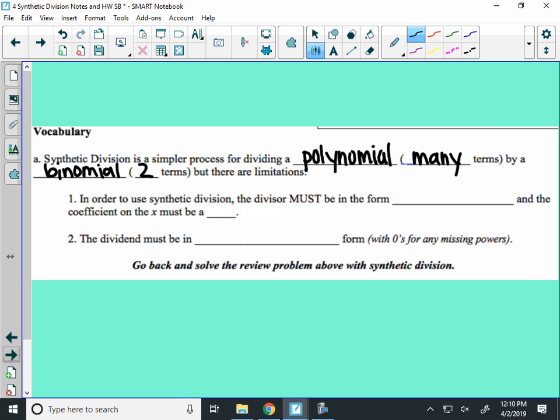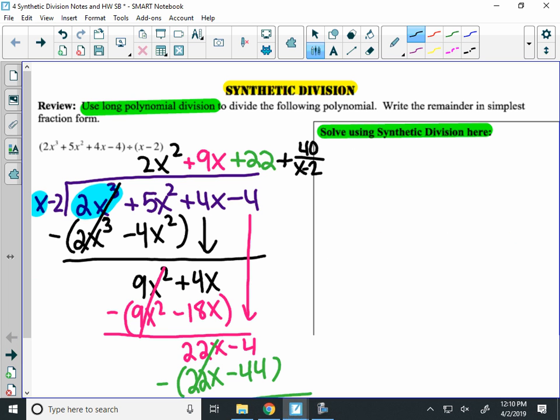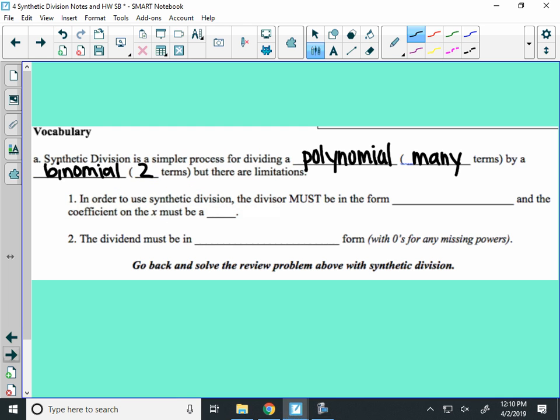Alright, so synthetic division is really nice and it's really helpful, but it's only helpful in a very specific situation. In order to use synthetic division, the divisor, and the divisor is the thing you're dividing by, has to be in this format. X, and we're going to say plus or minus a. So all that means is it's x plus a number or x minus a number, like x plus 7 or x minus 2.